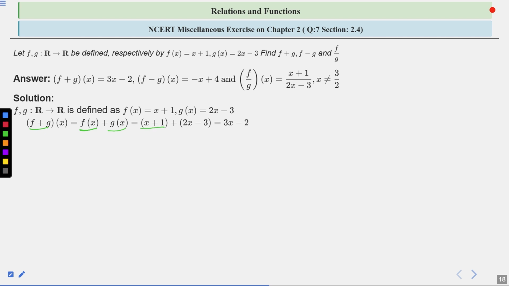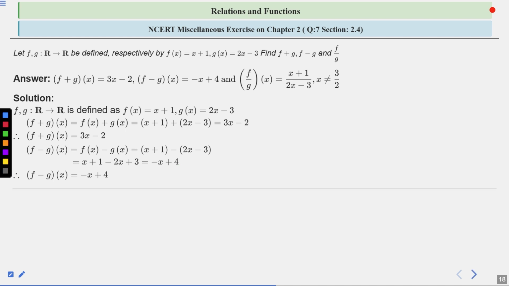So in this case, x + 1 plus 2x - 3, which is 3x - 2. Now for f minus g, just a simple calculation, f(x) minus g(x), which gives x + 1 - 2x + 3. The outcome is simply -x + 4. So the f minus g function is simply -x + 4, or 4 - x.